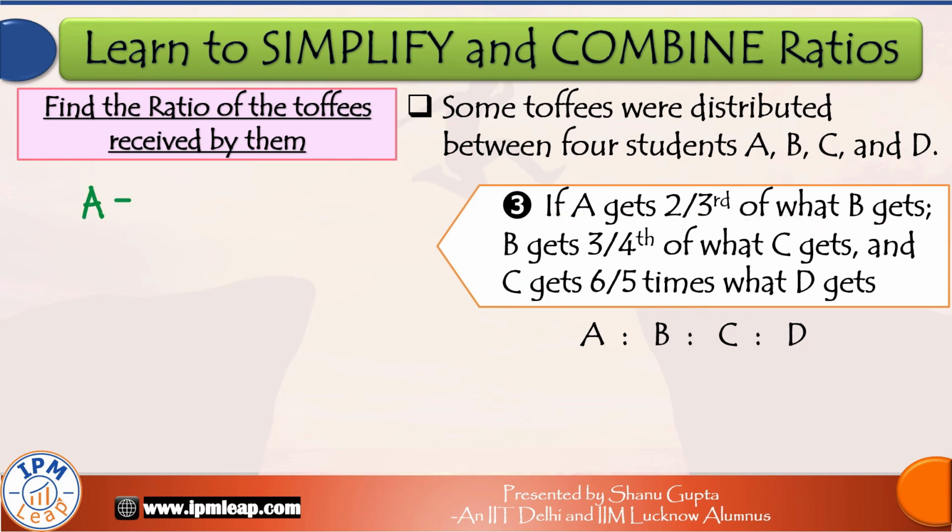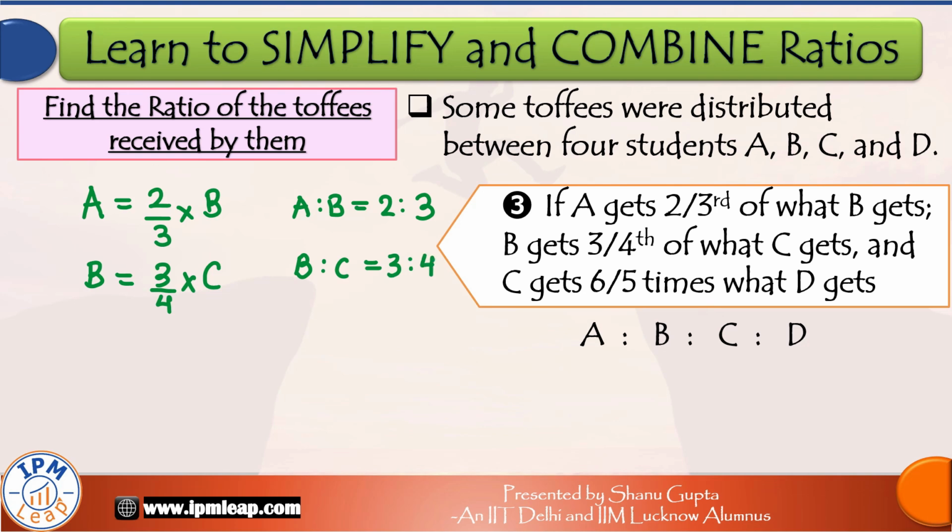A is equal to 2 by 3 into B, and rearranging the terms we get A is to B as 2 is to 3. B is equal to 3 by 4 into C. This means B is to C is equal to 3 is to 4. And C is equal to 6 by 5 into D. This means C is to D is equal to 6 is to 5.